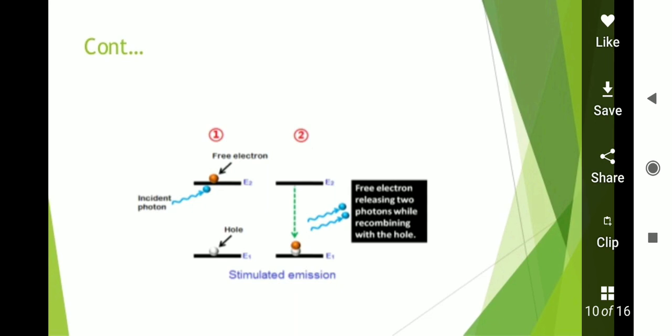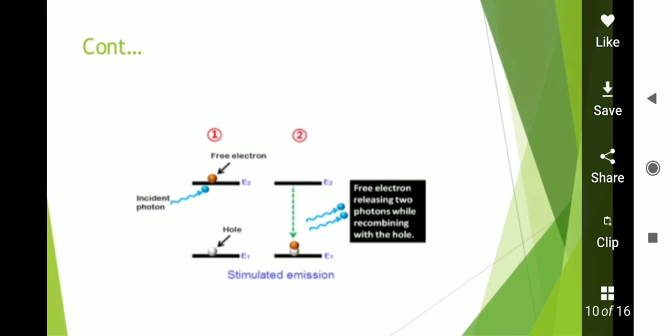This causes the atom to perform a transition from E2 to E1. Now, this time the atom will release the energy of two photons in this transition.